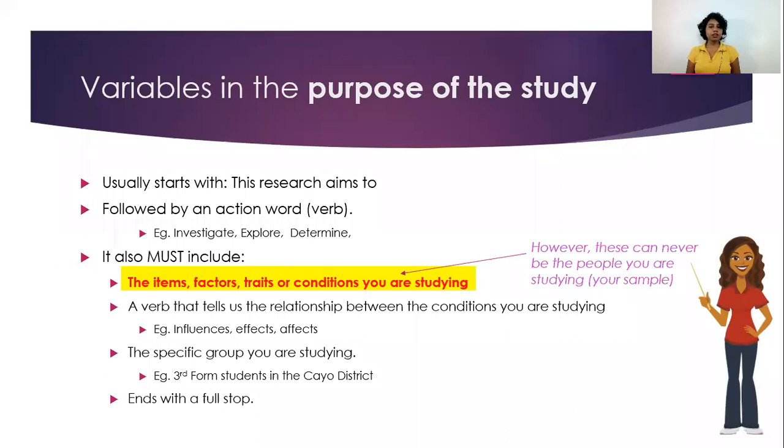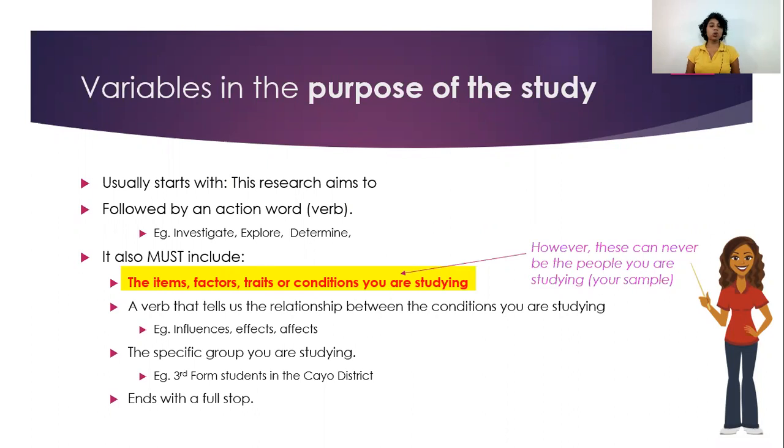The purpose of the study has a very basic breakdown. It usually starts with the words, "This research aims to," followed by an action word, such as investigate, explore, determine, or there are many others. And it includes the factors, traits, or conditions you are studying.